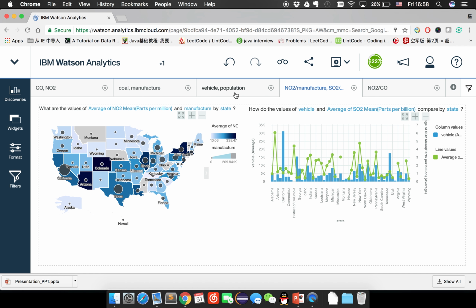Now let's see the relationship between causes and different pollution gases. From this picture, we see the larger the bubble is, the higher the manufacturing production value is. And the darker the area of the state is, the higher the nitrogen dioxide level is. We can see big bubbles mostly located in California, Texas, and some states in the northeast, where the colors are darker than others as well.